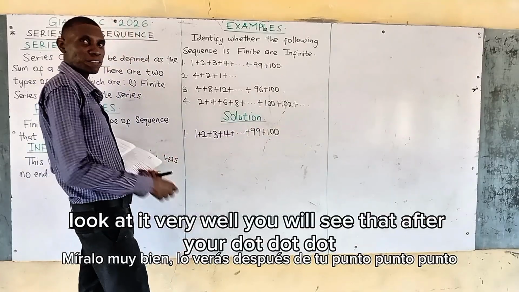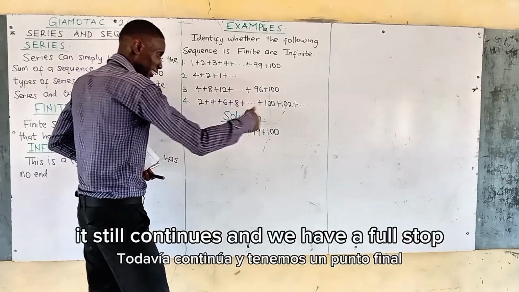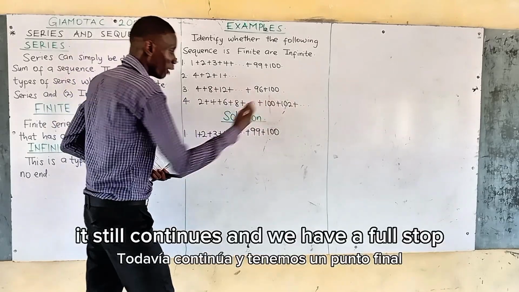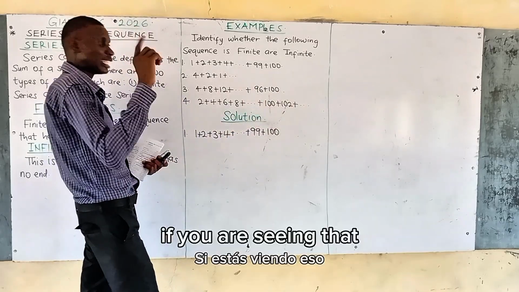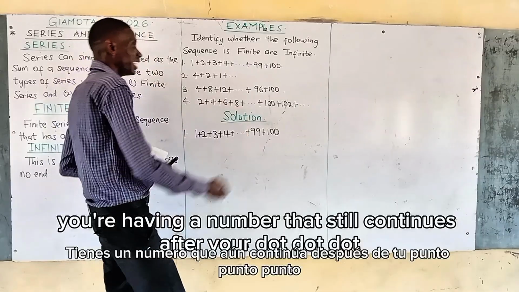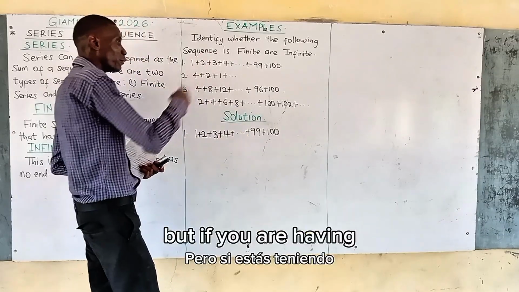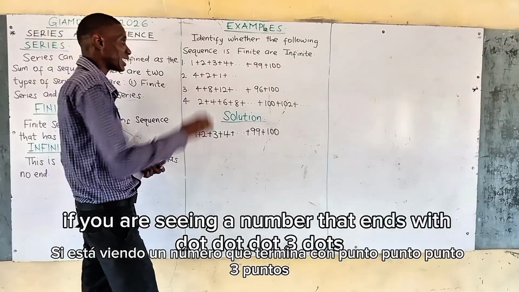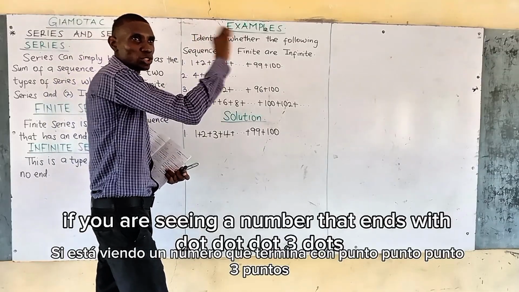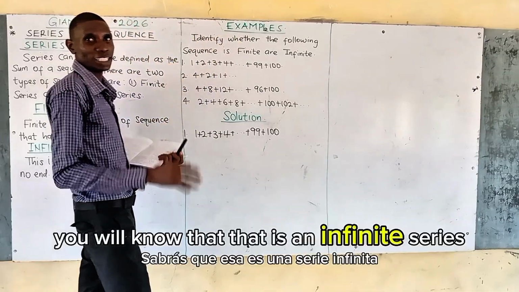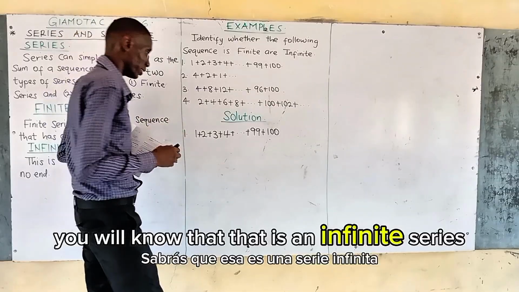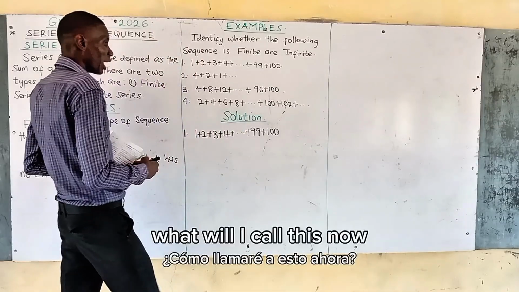You will see that after your dots it still continues, and we have a full stop. If you have a number that still continues after your dots, it is infinite. But if it ends with a number after the dots, you will know that that is a finite series. As simple as that. What will I call this now?